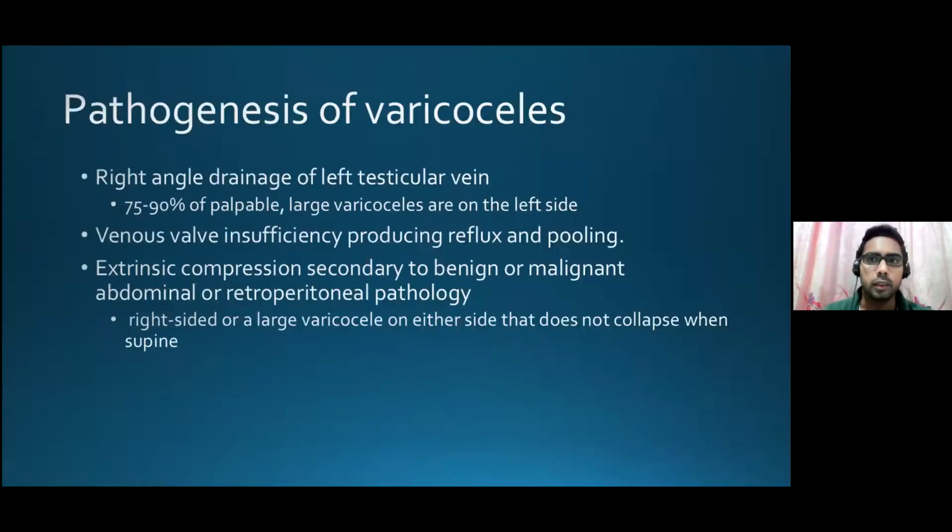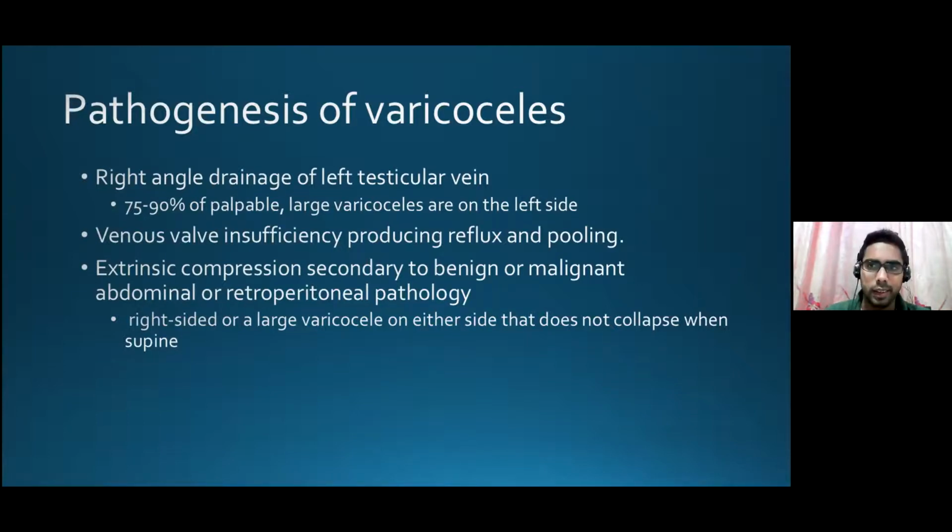Then when it comes to the pathogenesis of varicocele, when you consider the prevalence, 75 to 90% of palpable varicoceles are found on the left side. So the most popular theory is that the left gonadal vein has a right angle drainage into the left renal vein.